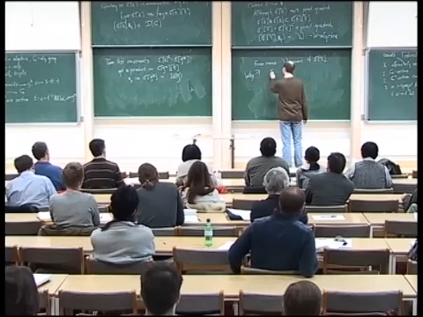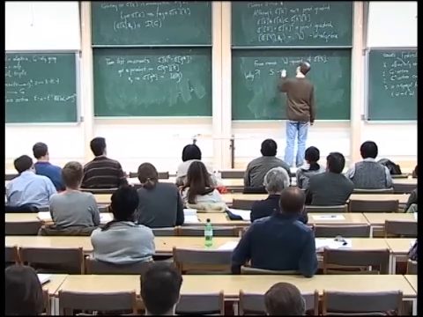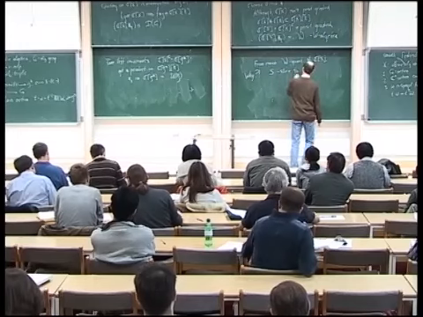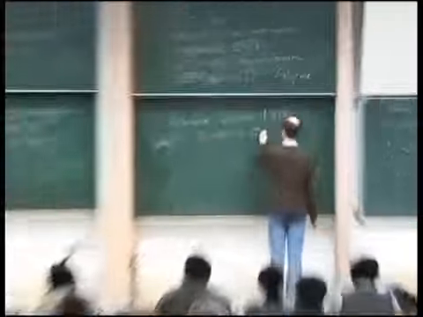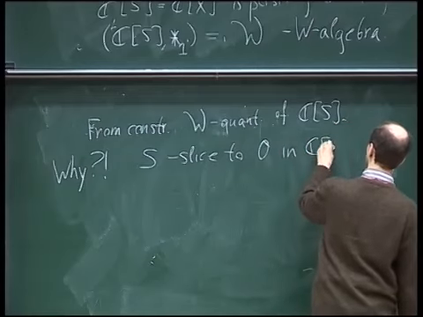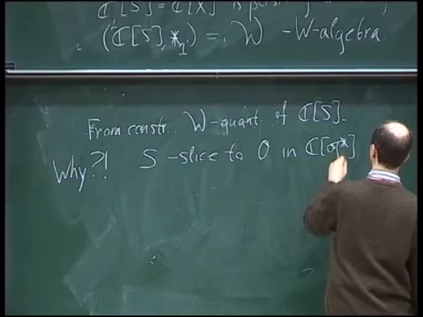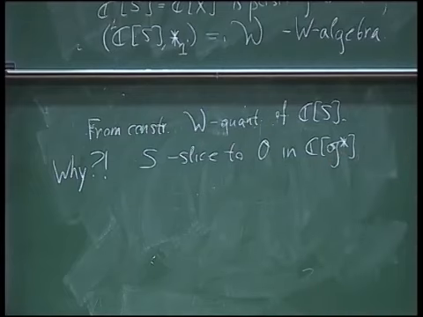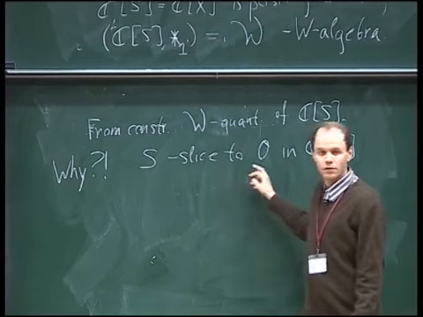So S was a slice to the orbit O in the algebra of functions on G dual, and it had a very clear geometric meaning: just that the tangent space is the direct sum of tangent spaces to these two guys.